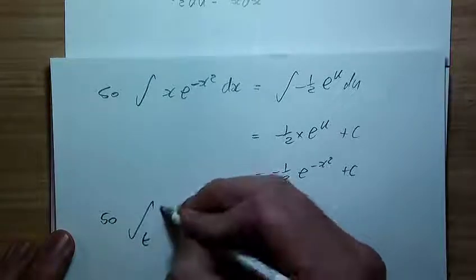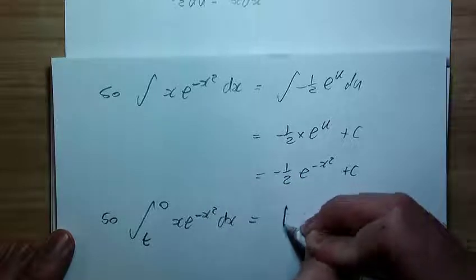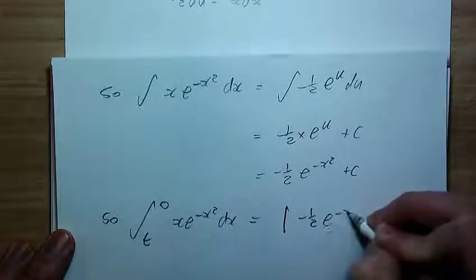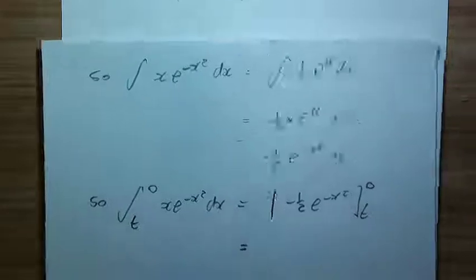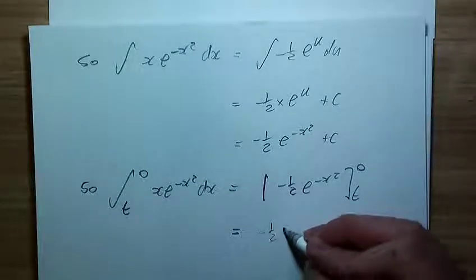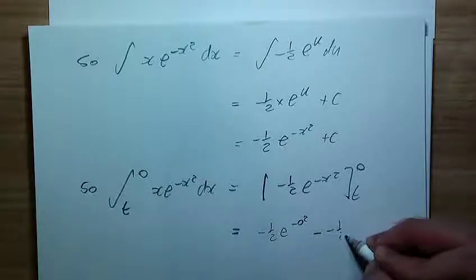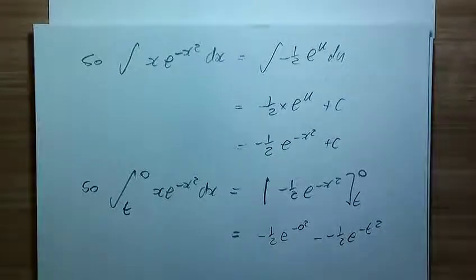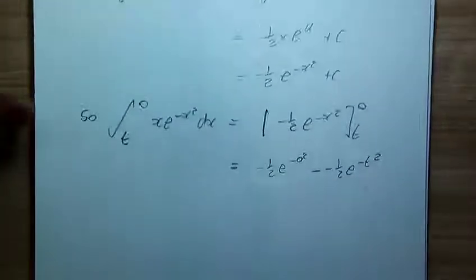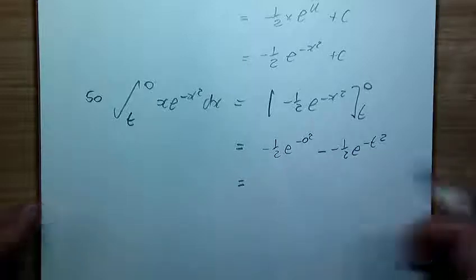The integral from t to 0 of x e to the minus x squared dx is minus a half e to the minus x squared from t to 0, which is minus a half e to the minus 0 squared minus a half e to the minus t squared. Okay. E to the 0 is 1.